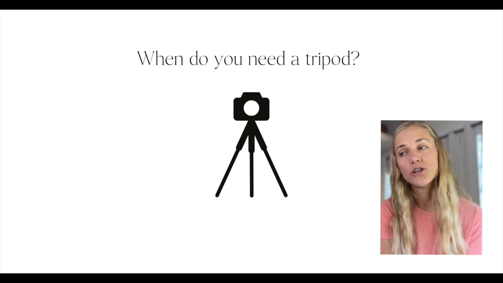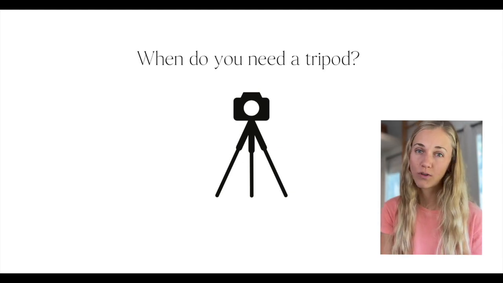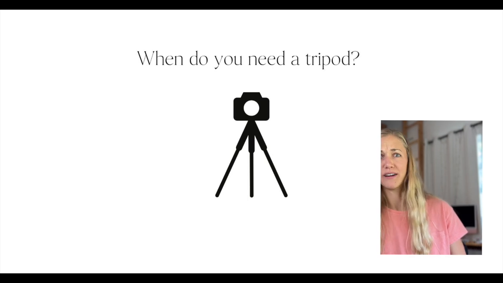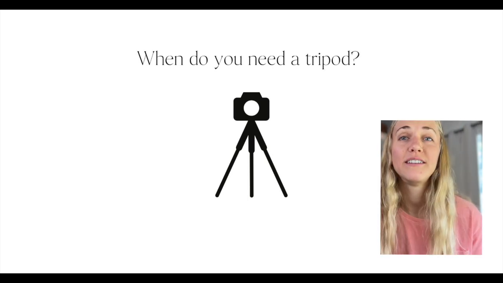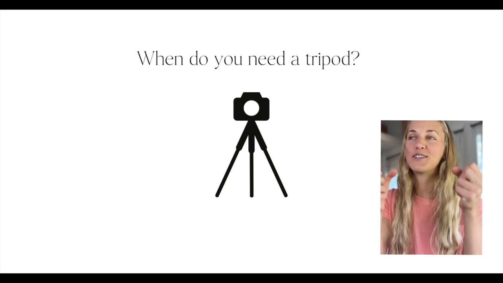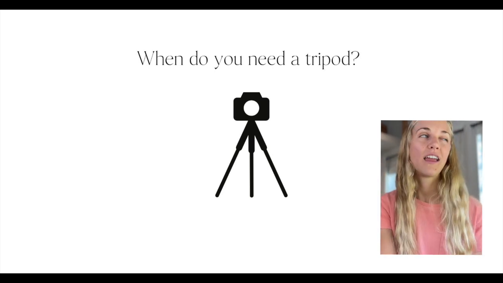But here's a big question. When do you need to use a tripod? Wow. Tripods are not my favorite. But if you're doing these long exposures, I don't know if you've ever tried it, but you might notice that your hands slightly shake in your camera.